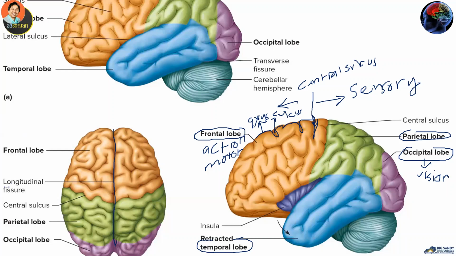This is what we call the longitudinal fissure. So we have gyrus, sulcus, fissure, and the central sulcus, the one that separates the front and the back part. This is the front, this is the back of the brain.